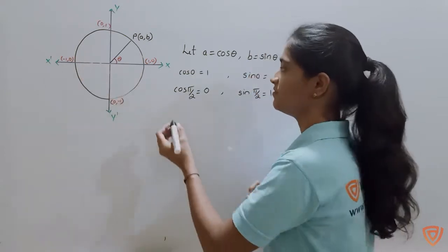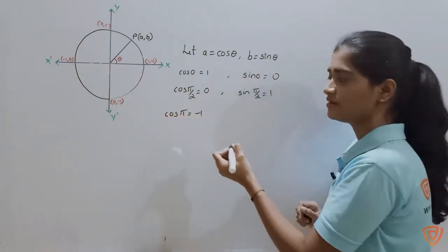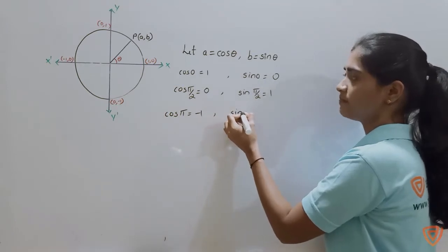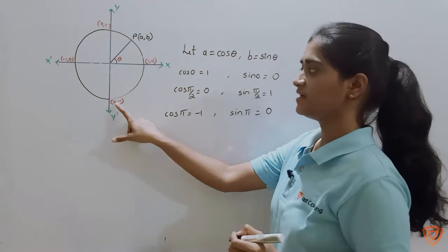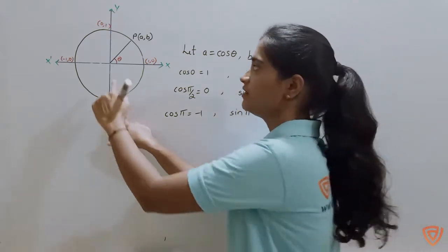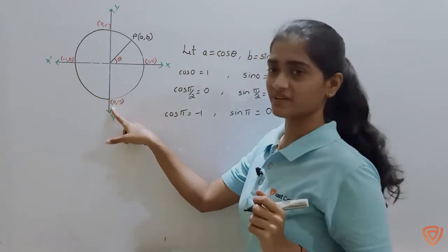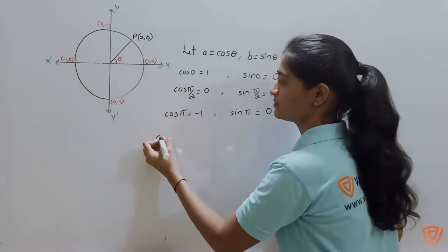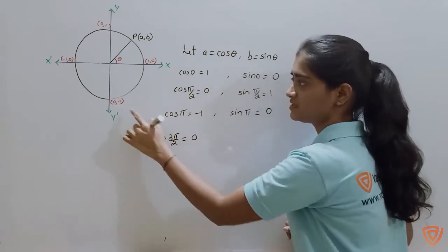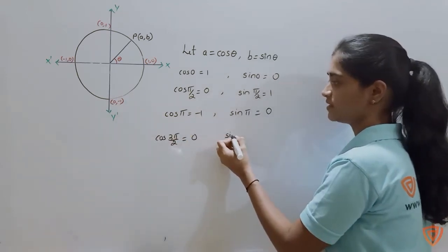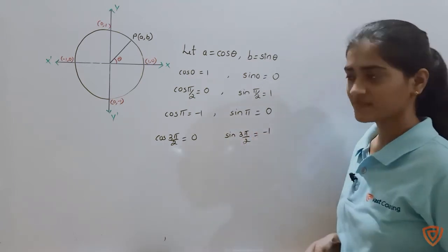So we have cos pi is minus 1 and sin pi is 0. Similarly, when I come to this point, the angle it is making is 3 pi by 2 or 270 degrees. So cos 3 pi by 2 is nothing but 0 and sin 3 pi by 2 is minus 1.